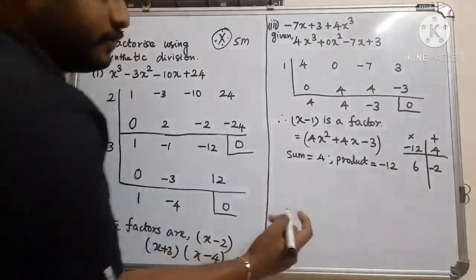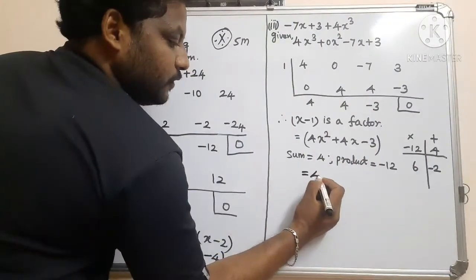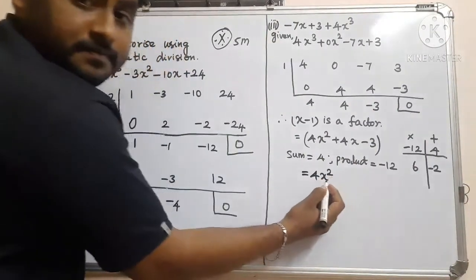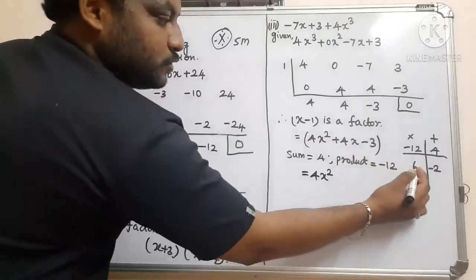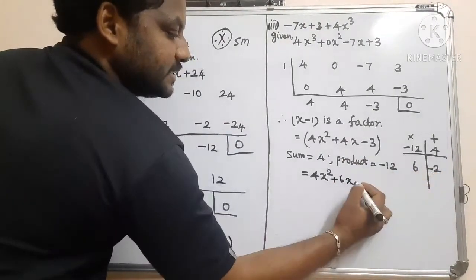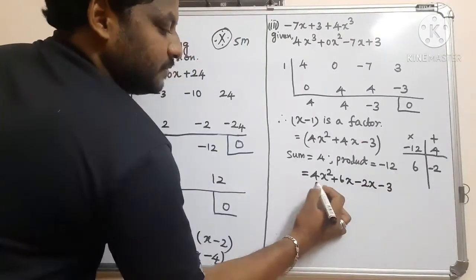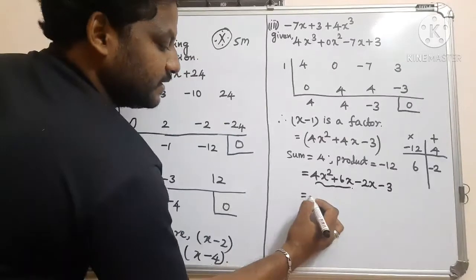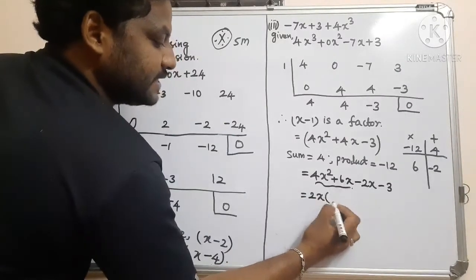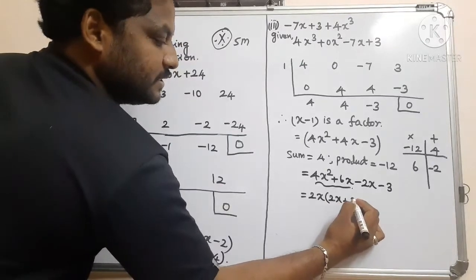So 6 into minus 2 is minus 12. 6 minus 2, 4. So you can write this polynomial as 4x square, minus 4x written as plus 6x minus 2x, minus 3. From the first two terms we can take 2x as common. So the remaining part is 2x plus 3.